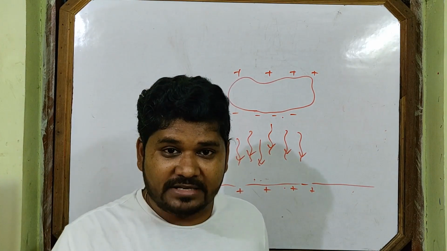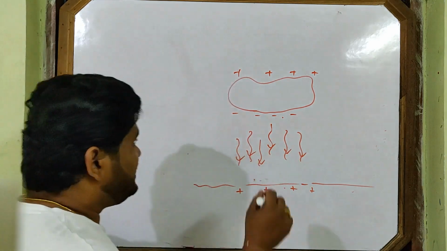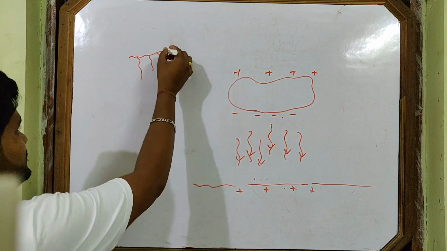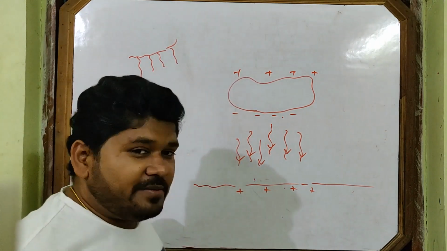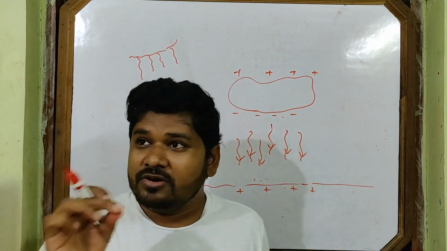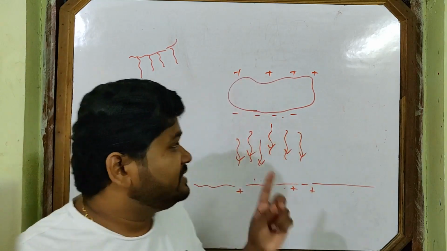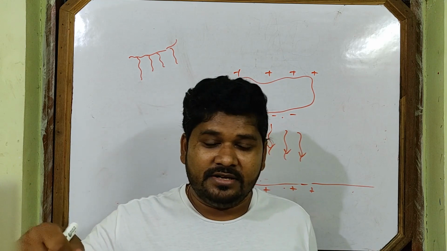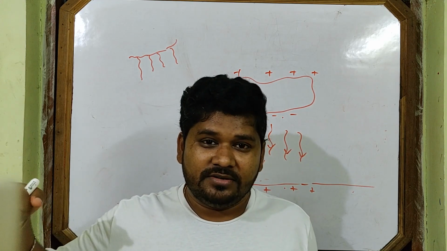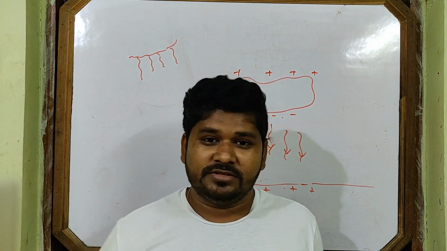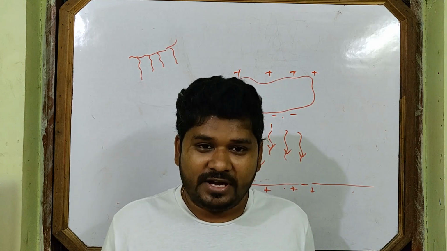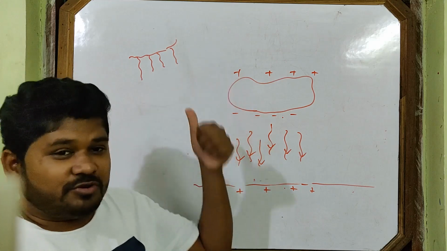And when current passes, you have seen the figure of lightning. Why is the lightning figure like this? Why not only a straight line? Why is it a zigzag path? It is the weapon of Indra, the Vajra, it is called. Why does it have so many branches?